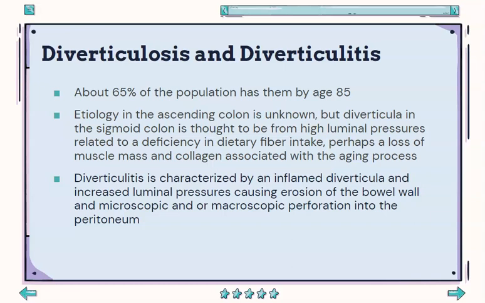The reason why it affects different parts of the colon, we don't really know why, but in the sigmoid colon diverticula, there's higher pressure, so they think that higher pressure causes those herniations, or there's possibly a deficiency in fiber intake, or maybe there's a muscle mass or collagen loss that is associated with the aging process.